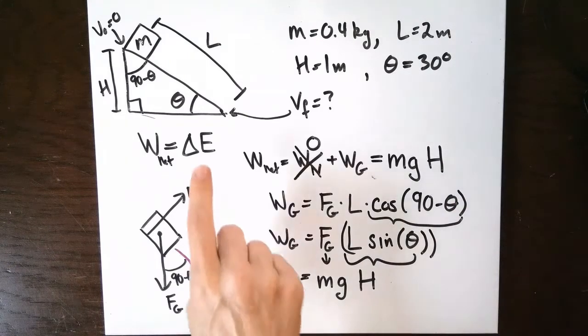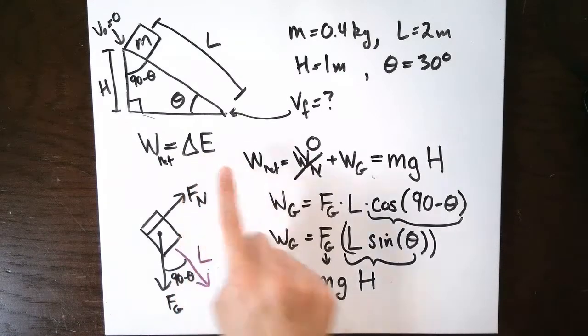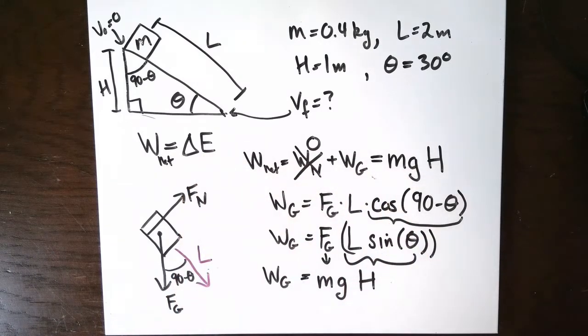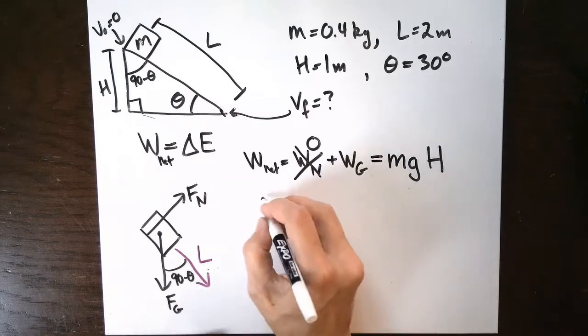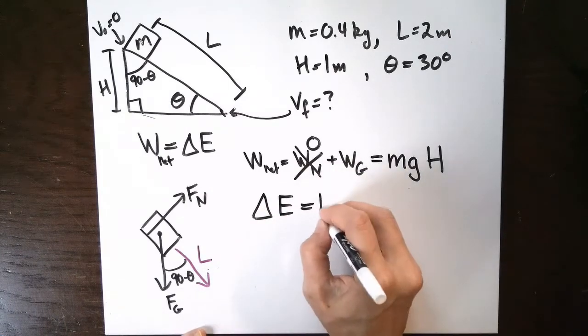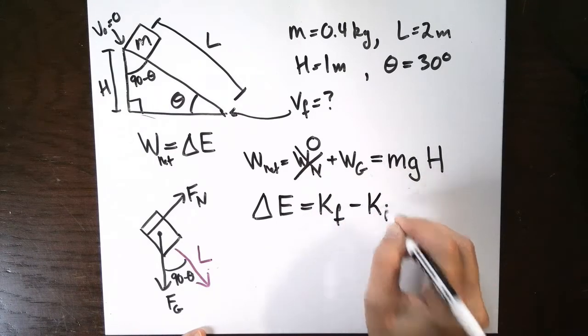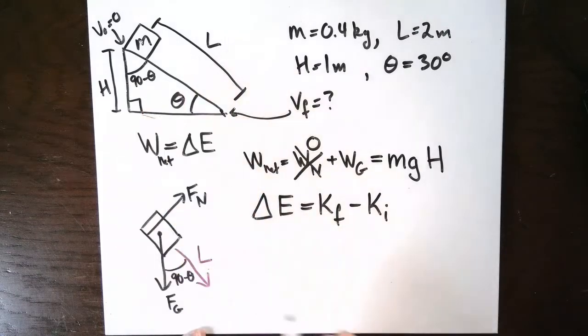All right, next we need to figure out what's going on with the change in energy, because the change in energy is going to be equal to this net work done on it. Okay. Change in energy side of this equation. Well, we have a final kinetic energy minus an initial kinetic energy. No other energies are changing here.